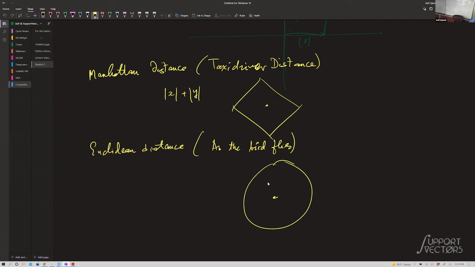It is a circle, and the distance is X square plus Y square, square root. Would you agree these two definitions by now? So it takes a little bit of time to get familiar with this distance notation. Are we together? And yes, go ahead, Sona.